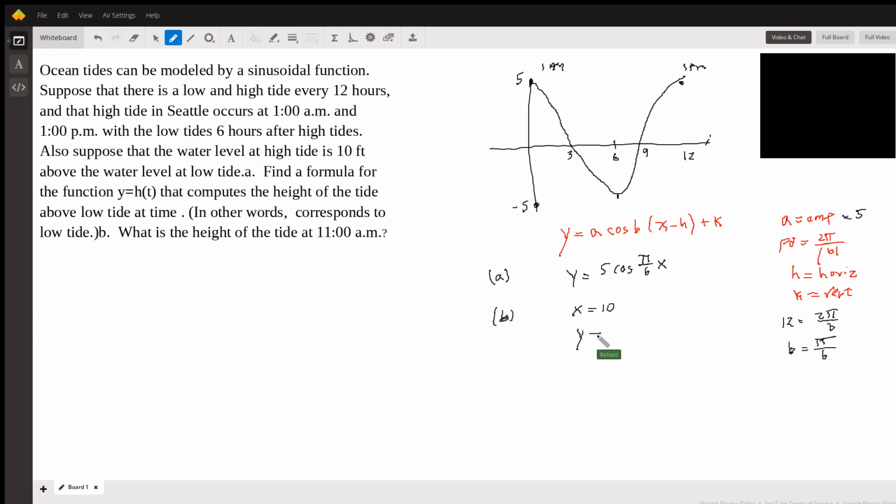And so we just plug 10 into this. I get y equals 5 times the cosine of 10 pi over 6. On my calculator, I get 2.5. Make sure your calculator is in radian mode. So 11 a.m. would be somewhere around here.